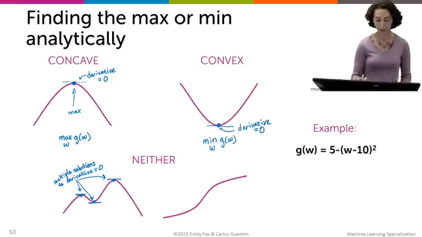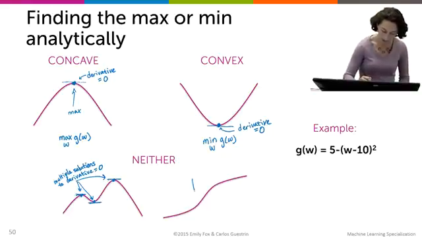In contrast, for this function, there's actually no solution to derivative equals 0. The derivative is nowhere 0. The function continuously has a rate of change. So no solution to derivative equals 0.